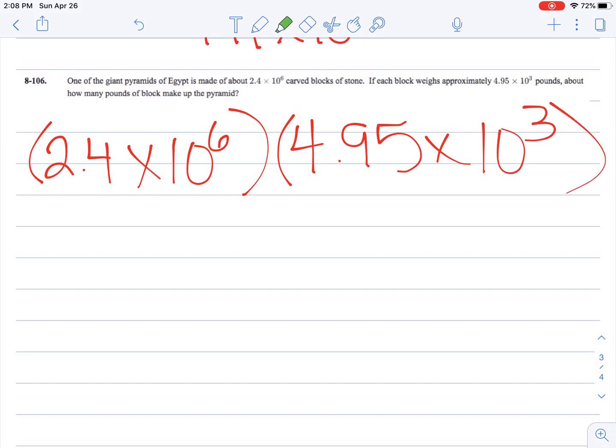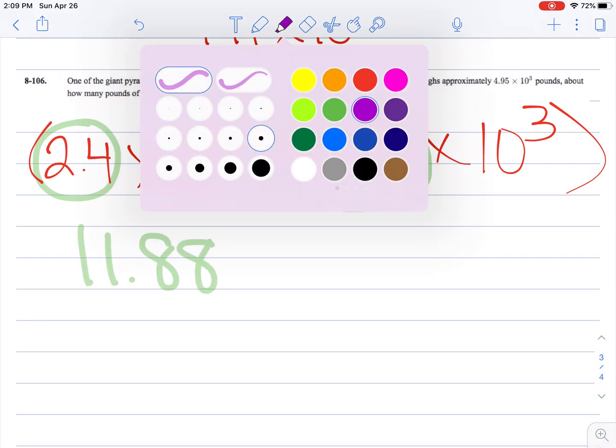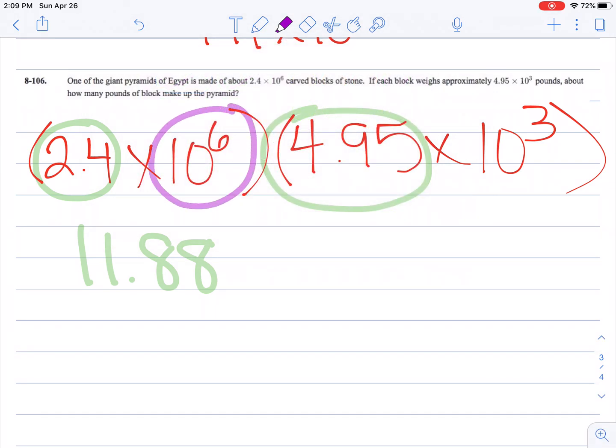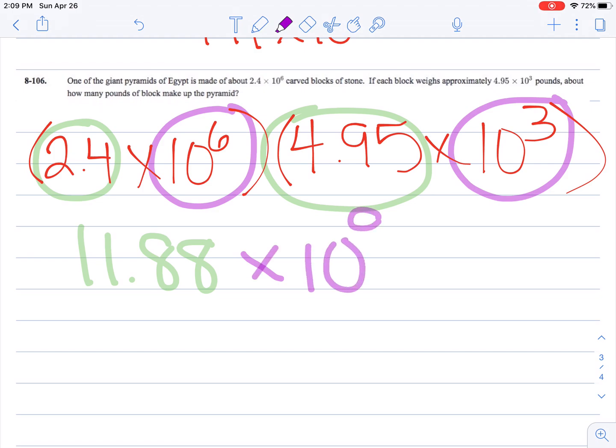Okay, so 2.4 times 4.95 gives me 11.88. 10 to the 6th and 10 to the 3rd, when we multiply them, we add the exponents, so it would be 10 to the 9th.